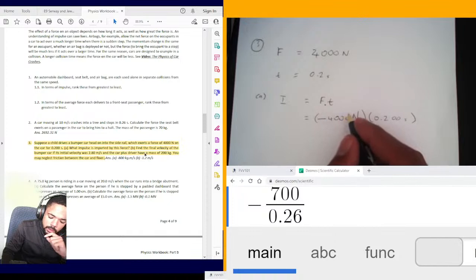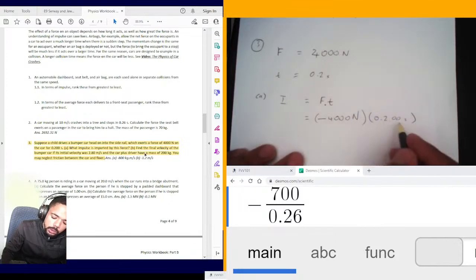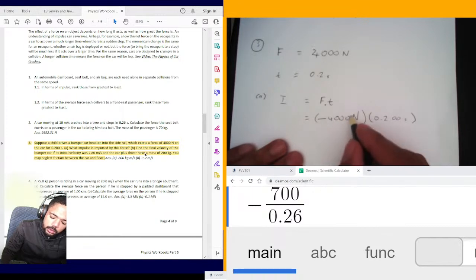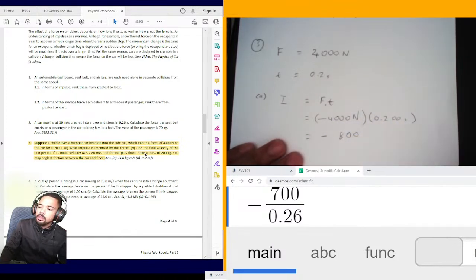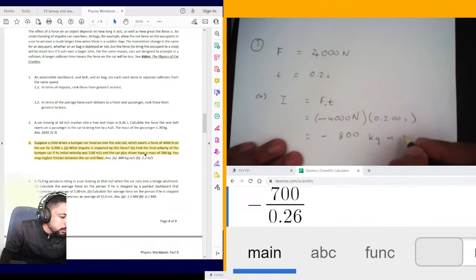It's 20 over 100, so that'll cancel. So it's negative 40 times 20, that's negative 800. Okay, so negative 800 kilograms meters per second.